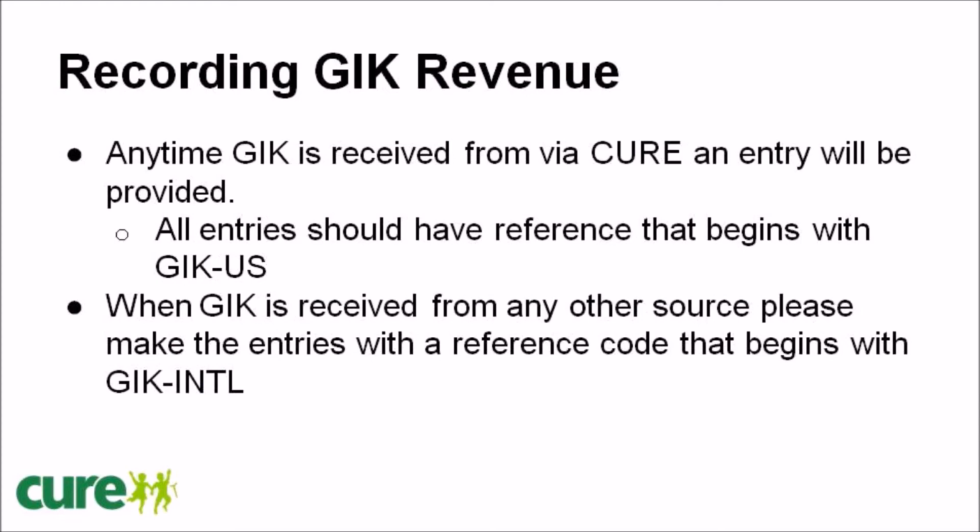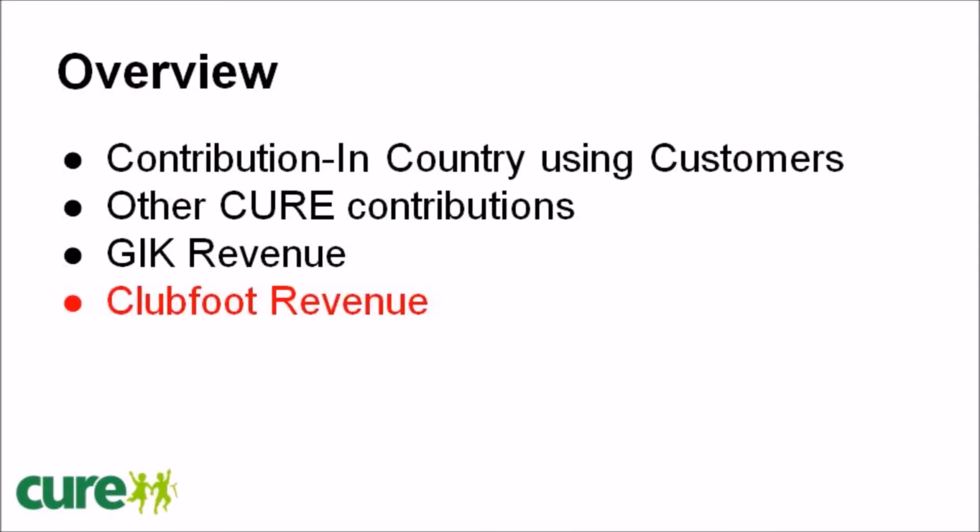For all GIC received from sources other than CURE, when the GIC is recorded, please begin the reference with GIC-INTL. This will help us know that the GIC did not come from CURE and was from a different international source.